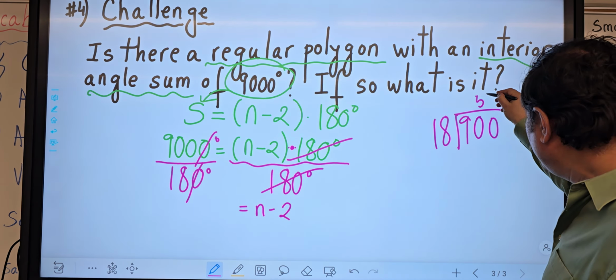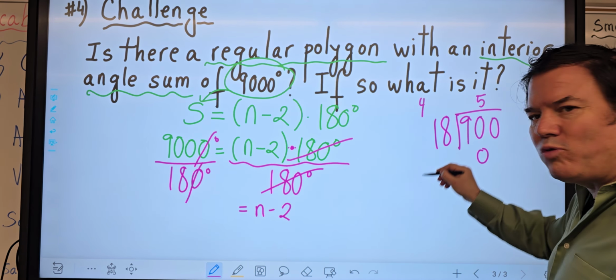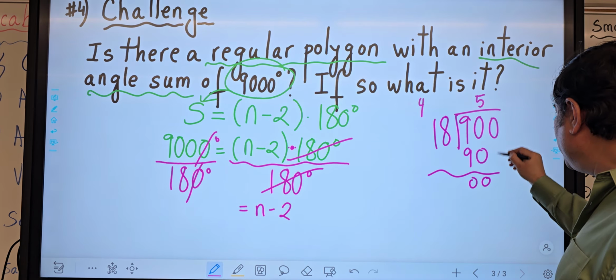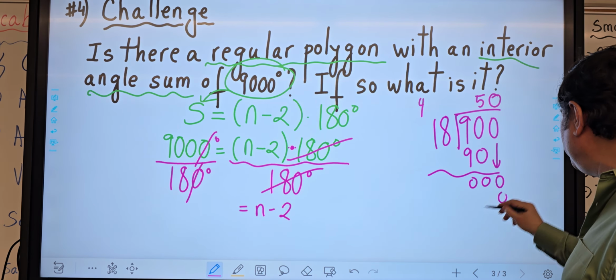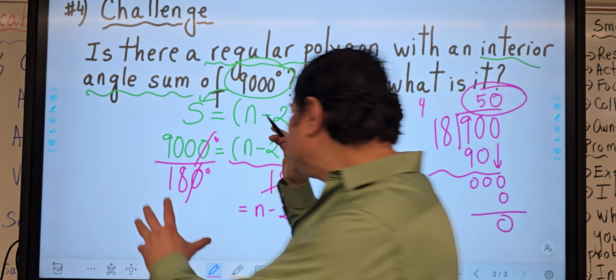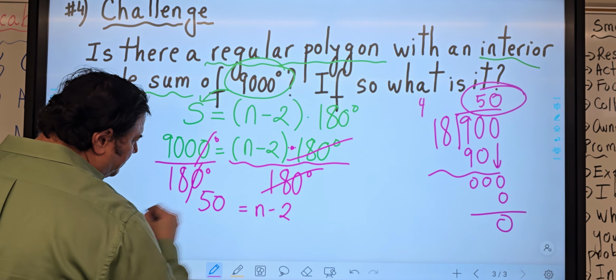Let's put the 5 here. 5 times 8, 40. 0, carry the 4. 5 times 1, 5 plus 4, 9. Perfect. Bring down the 0. 18 into 0, 0 times. 0 times 18, 0. So here we get 50. We are lucky because 900 divides by 18 perfectly and we get 50.